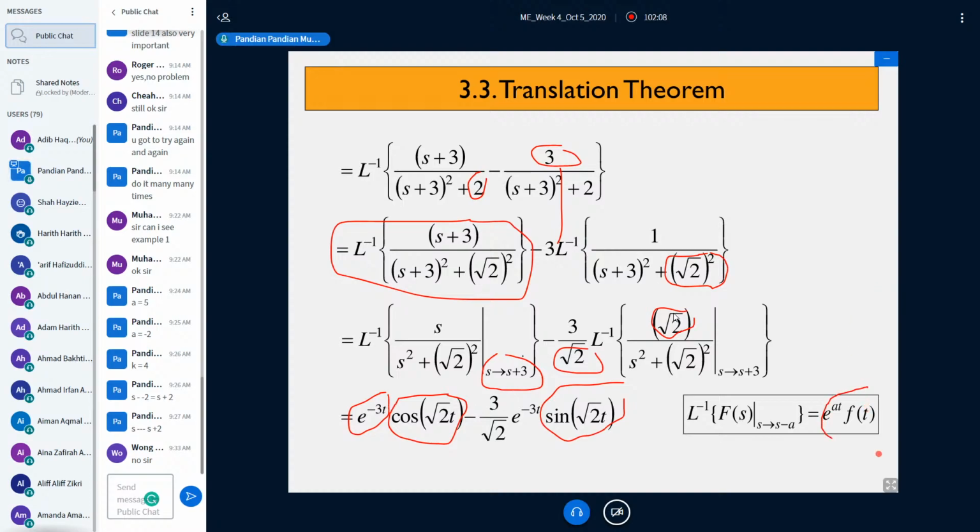Here we are using the translation theorem. A is minus 3. So e power minus 3t sine root 2t. So this is the correct answer: e power minus 3t cos root 2t minus 3 over root 2 e power minus 3t sin root 2t.